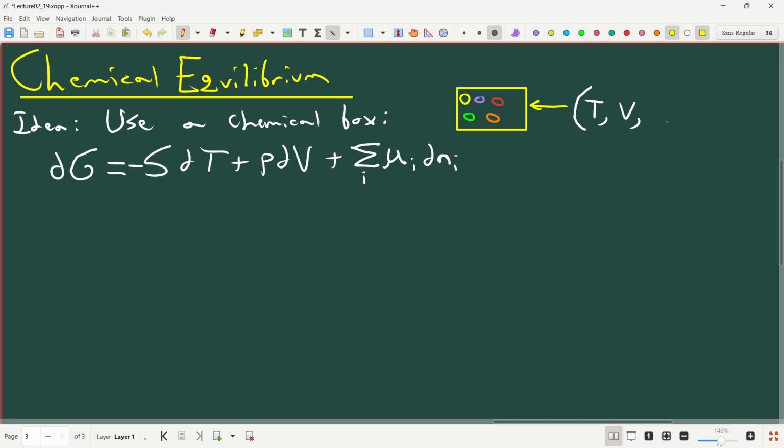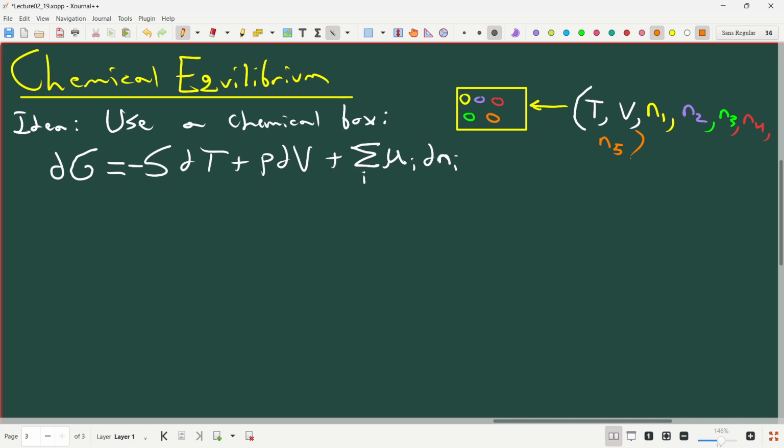So we have N1, N2, N3, N4, and N5. We're going to track all the different moles of our different components.